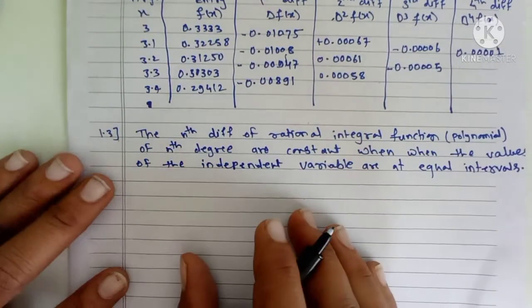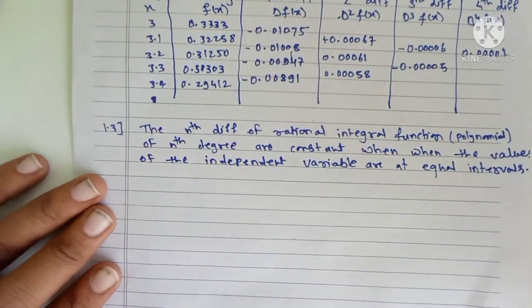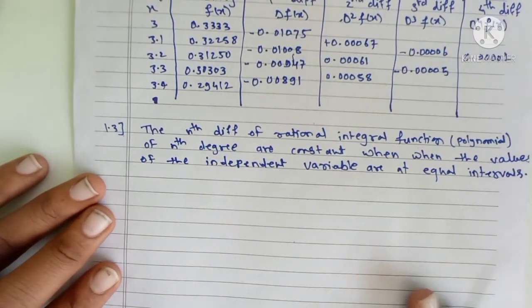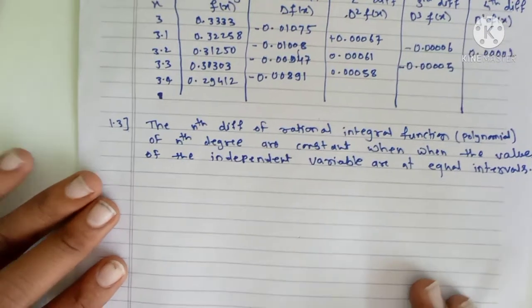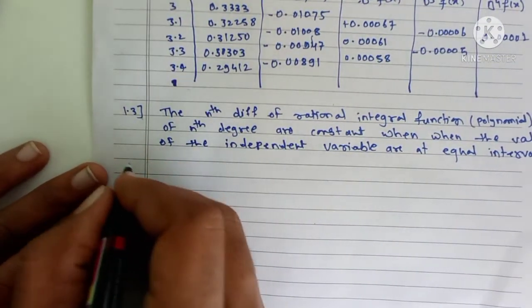That is, h is a constant. When h is a constant, then the nth difference of a rational integral function, that is a polynomial of nth degree, is constant. So let us prove this theorem.